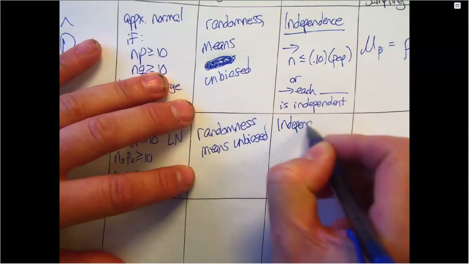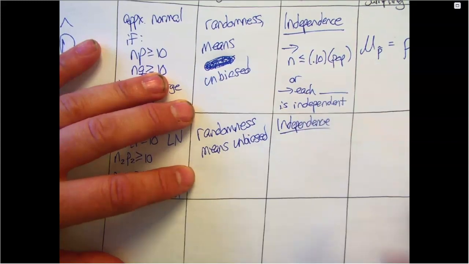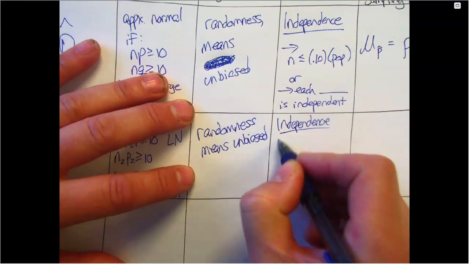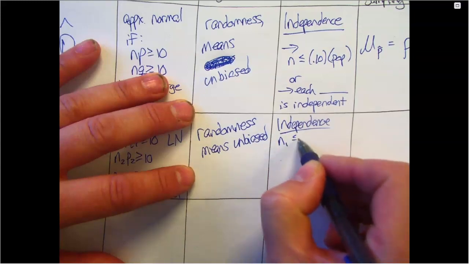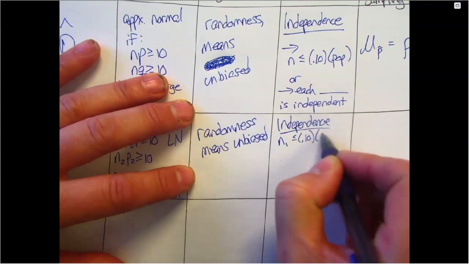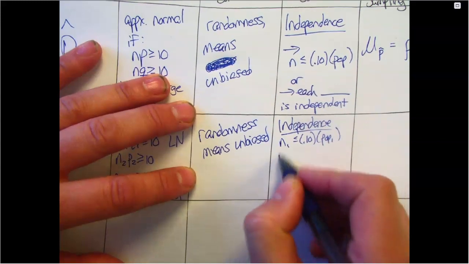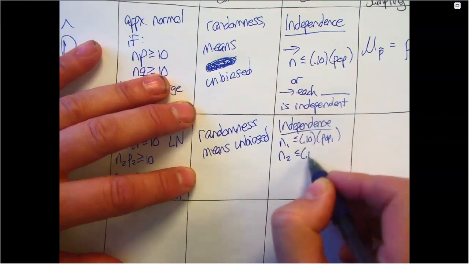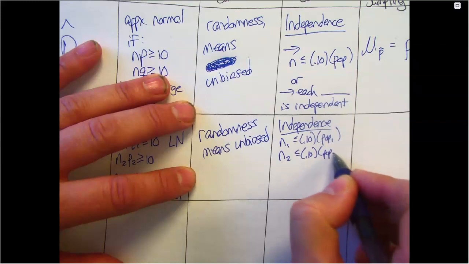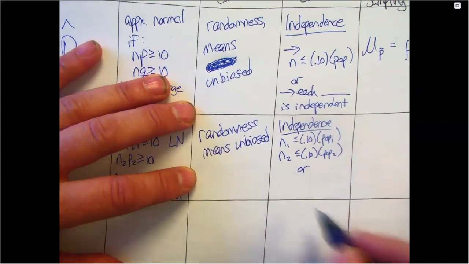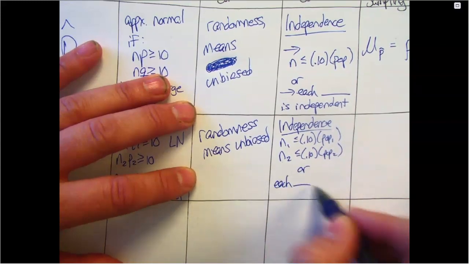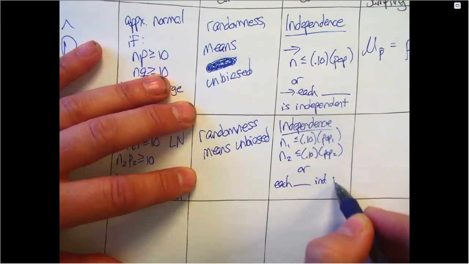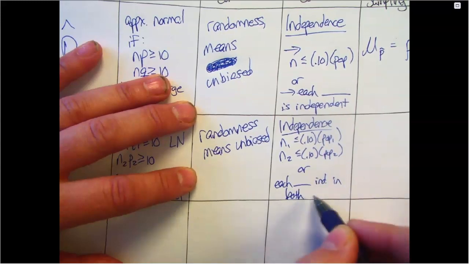Depends how much you want to squeeze into this little space. So I would go N1 is less than or equal to 0.1 times population 1, N2 is less than 10% of population 2. Or blank independent in both samples.